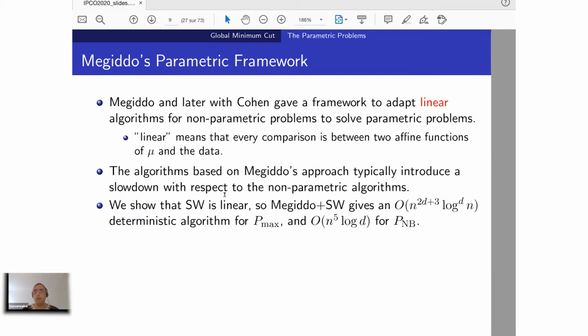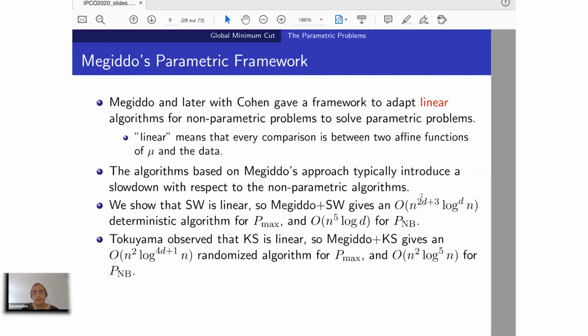Therefore, by combining it with Megiddo's parametric framework, we can solve the max and the next breakpoint problem in strongly polynomial time. Note that for the max problem, the running time is exponential in the number of parameters, which is supposed to be constant, but you cannot do better than that, because if the number of parameters is very big, we expect that the problems are very hard.